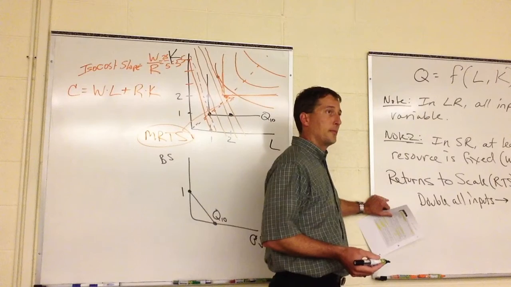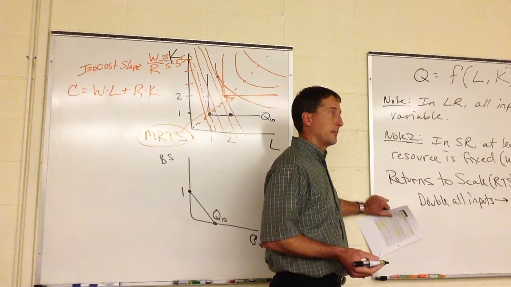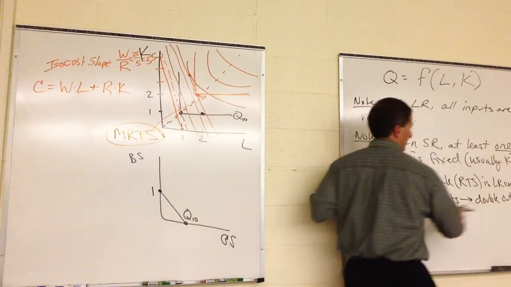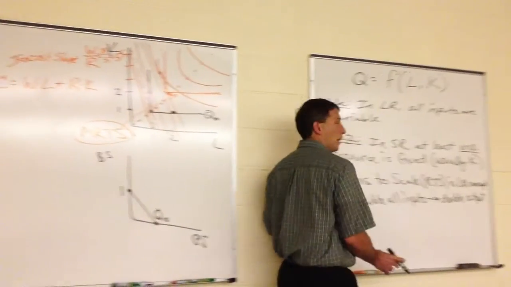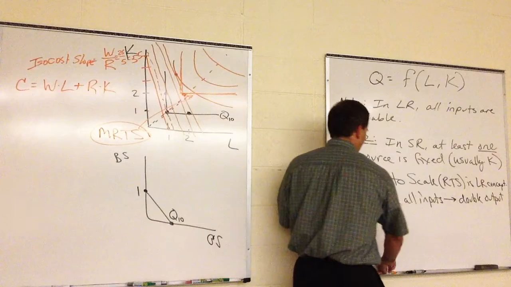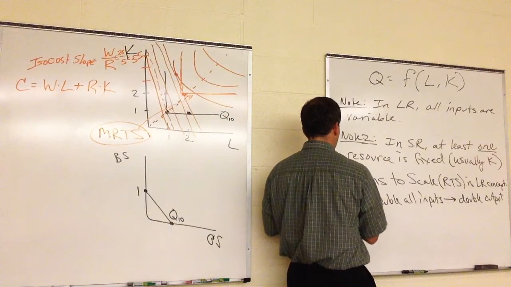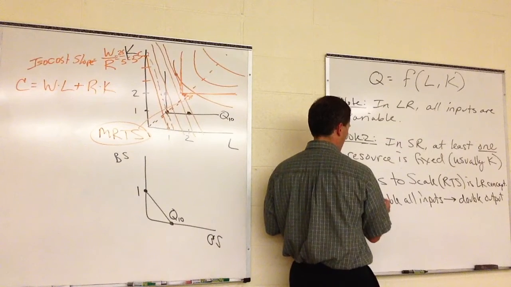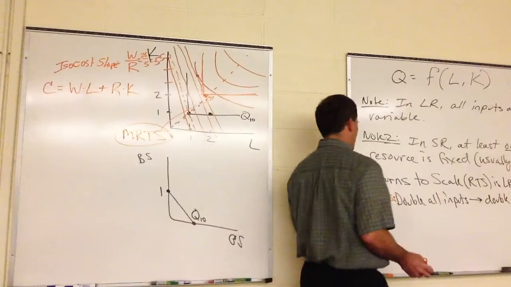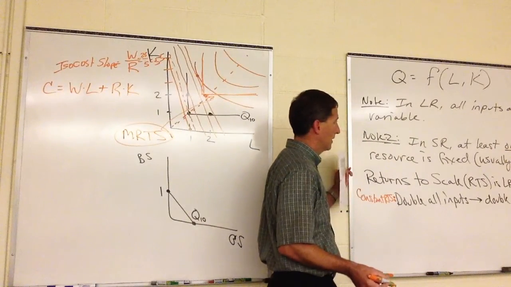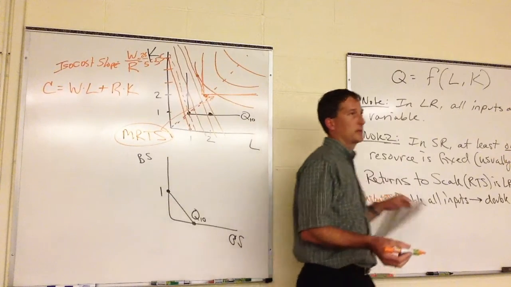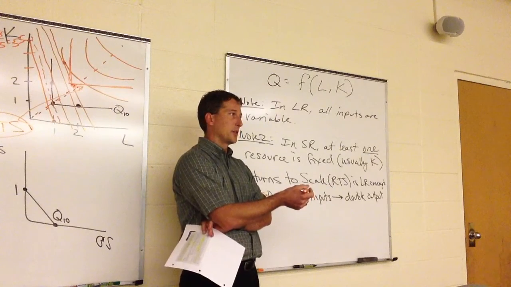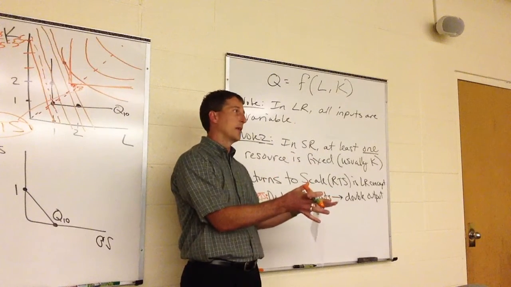What's that? Does that make the return to scale 1? No. We're doubling inputs, and if we double output, then we say that that is constant returns to scale. So imagine you're running a business, you've got a McDonald's, and you take all your resources and double them.